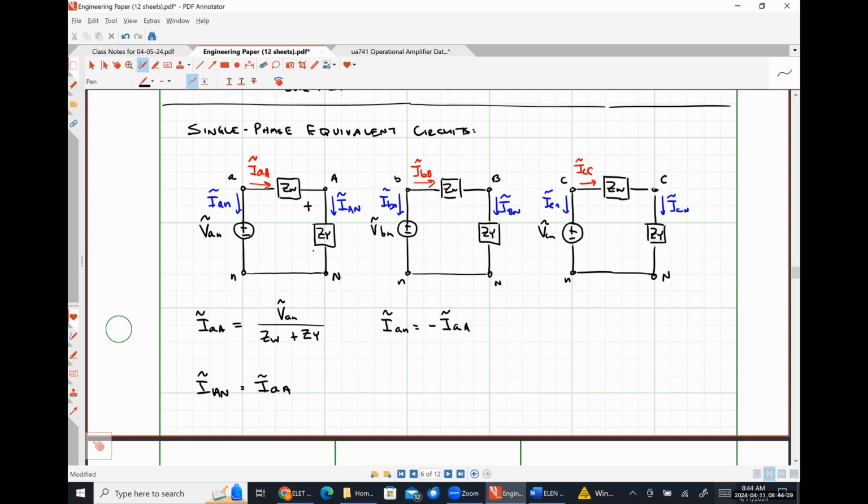All right. So what about the phase voltage across our load? We're solving for VAN.